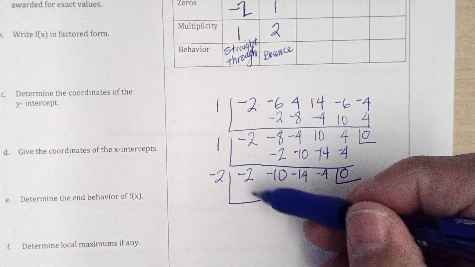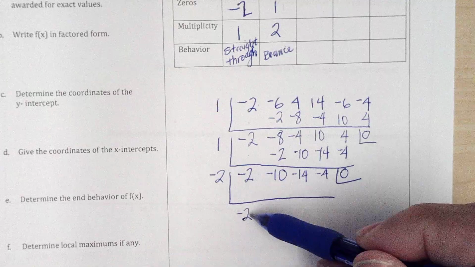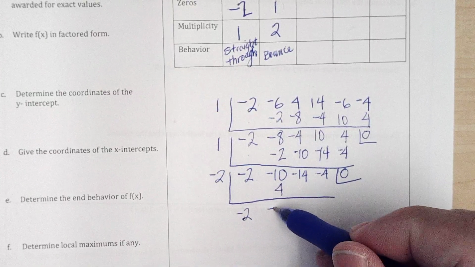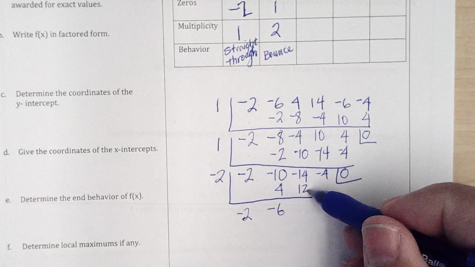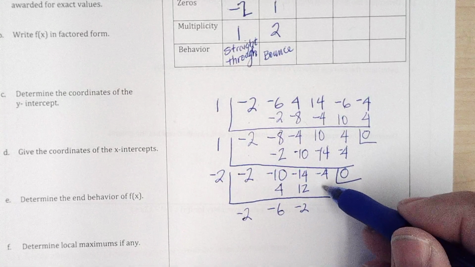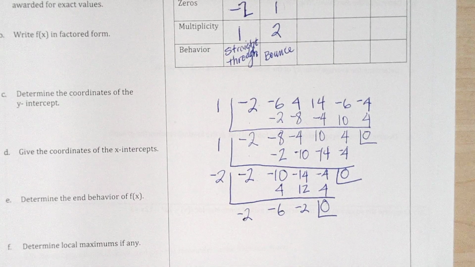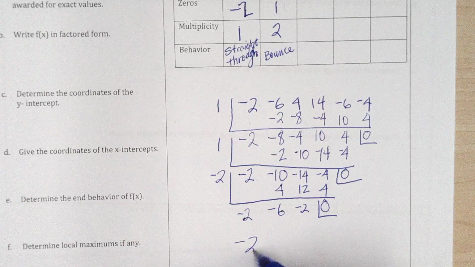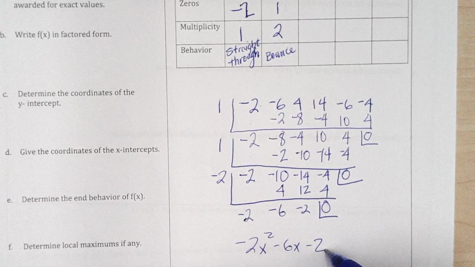And I'm going to go through again, add down, multiply, add down, multiply, add down, multiply, and it went in evenly. And I'm left with the quadratic, negative 2x squared minus 6x minus 2.